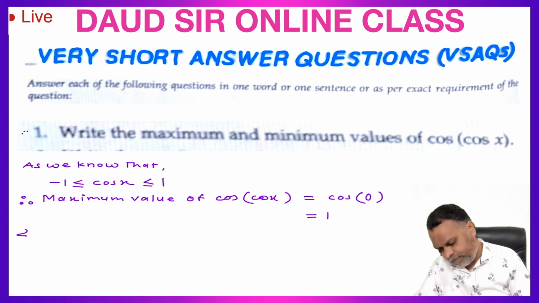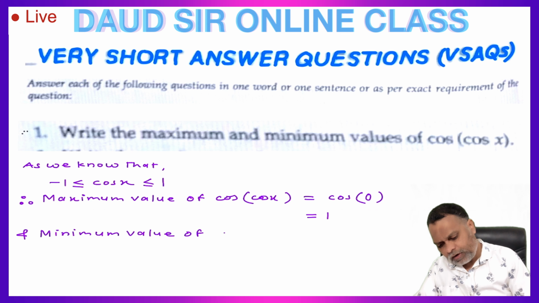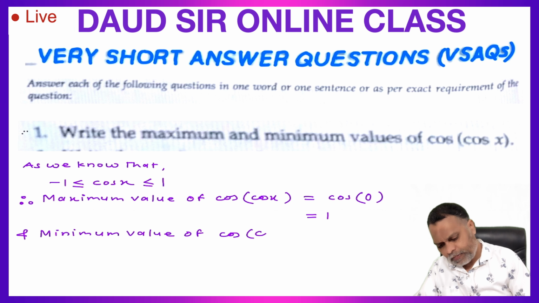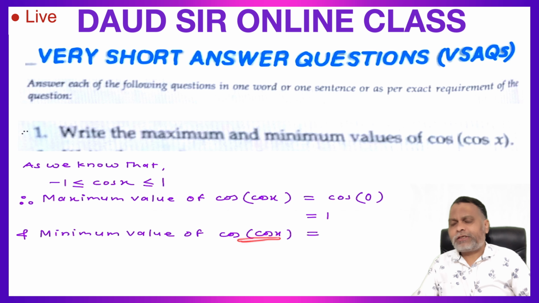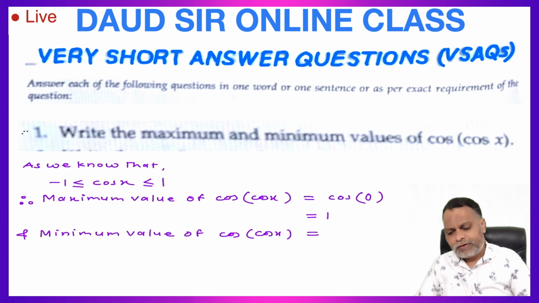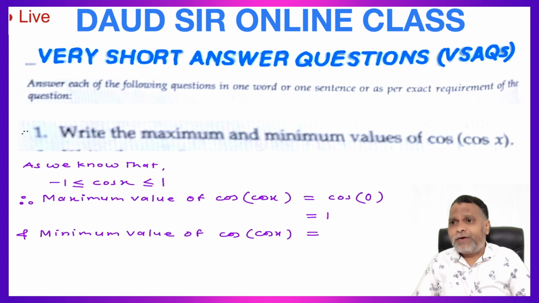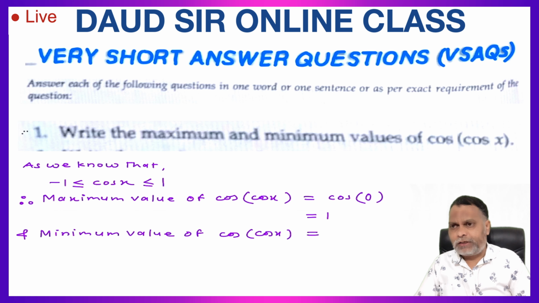And minimum value of cos x is equal to what? So the minimum value of cos x is -1 and the cosine function is minimum at 180 degree or pi.